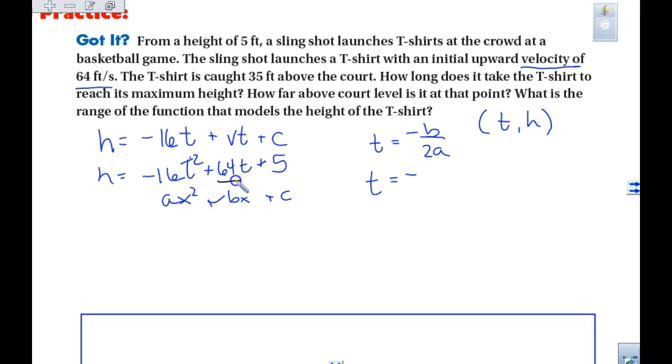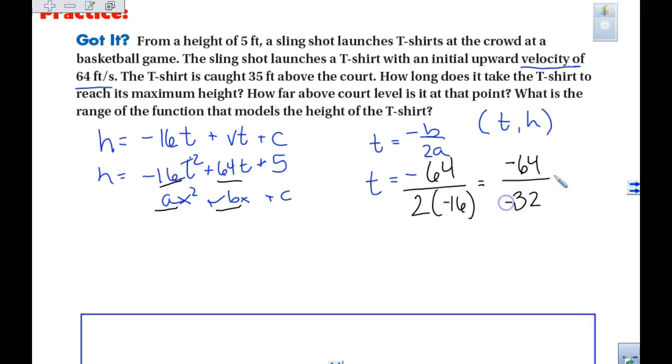Negative, and b is 64, so I'm going to have negative 64 divided by 2 times my a value, negative 16. On your calculator, take negative 64 and divide it by negative 32. This one is so nice, isn't it? It is beautiful. You should get 2 seconds.